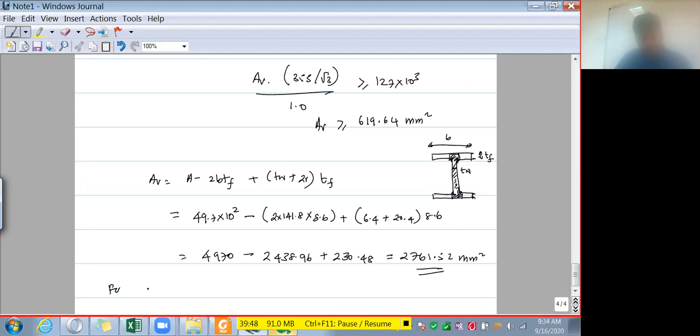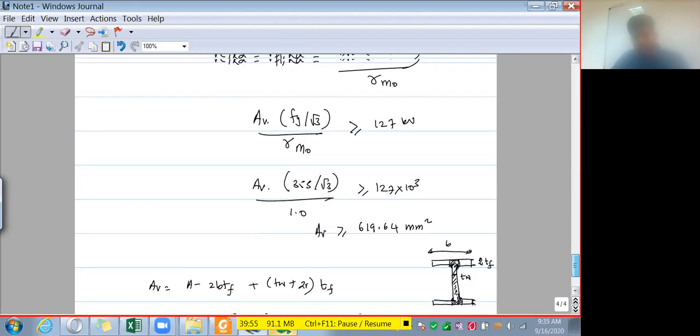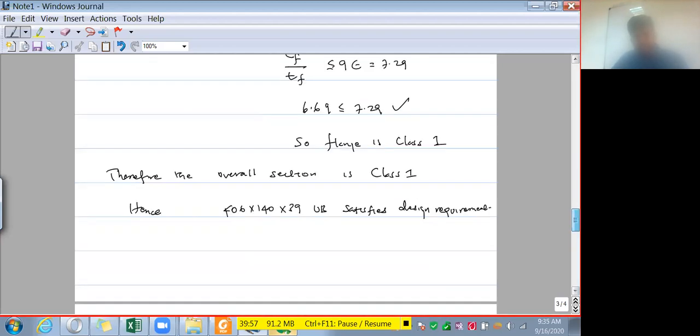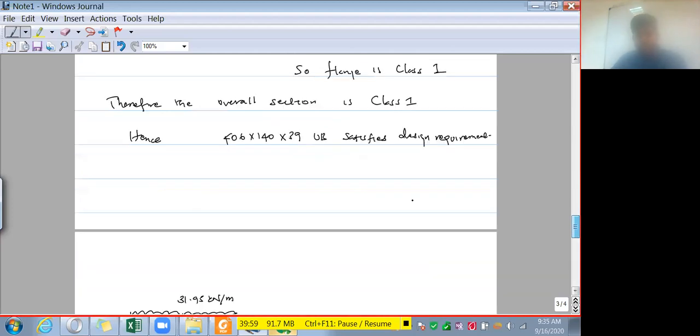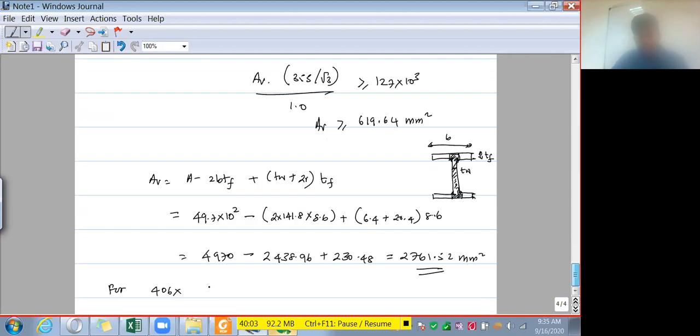So for 406 into 140.39 here, 406 140.39 UB. AV is 2761.52.